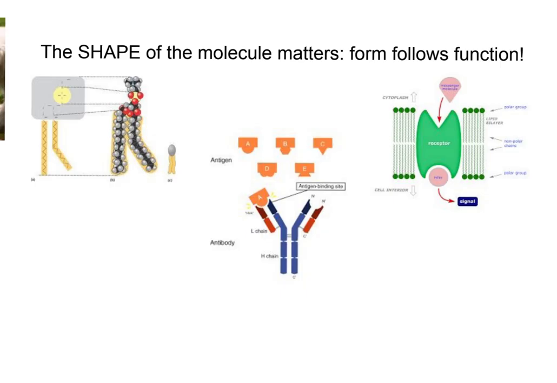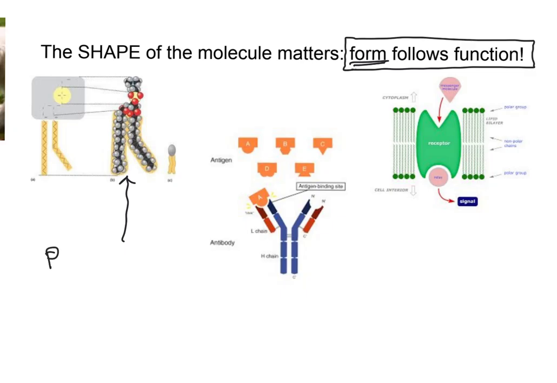But I want to talk a little bit about a very important big idea in biology, and that is that form follows function. The function of the molecule is what is basically going to determine its form. I have a couple examples here to show you what I'm talking about. You might remember this molecule from your freshman biology.